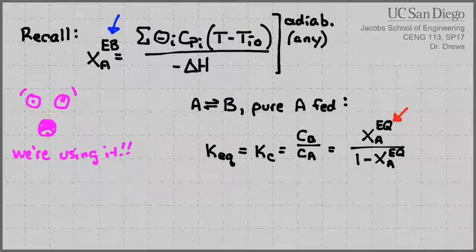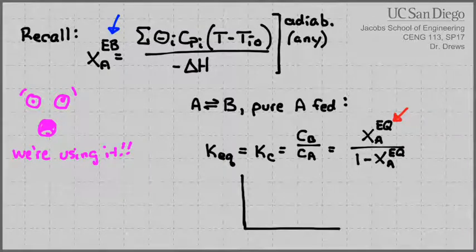Another way to conceptualize setting these things equal to each other is kind of like the G of T, R of T plot that we saw before. If I plot these two against temperature, I'll get two curves. So I'll draw the equilibrium one in red, since I picked red for that one.